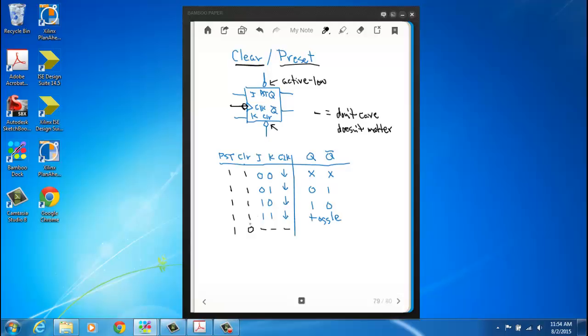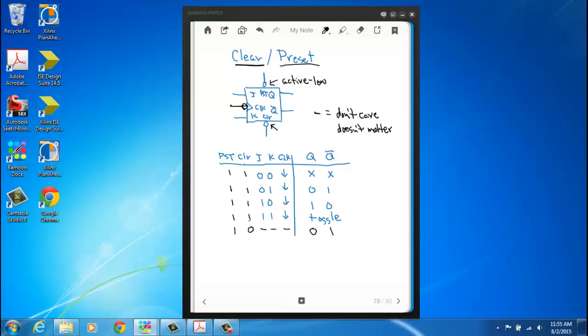So you see when clear is activated, the JK and clock inputs do not matter, and when we activate clear, we want preset not to be activated. And when you activate clear, it's going to make the Q output go to 0. And if the Q output is 0, since there's no ambiguous state with the JK, then not Q is 1. So that's what clear does.